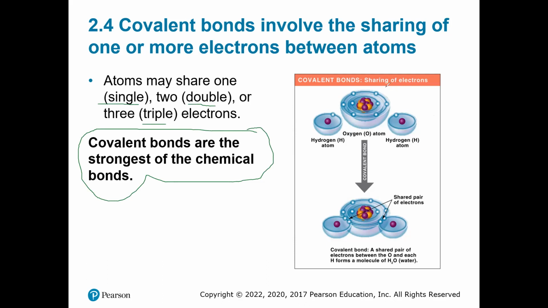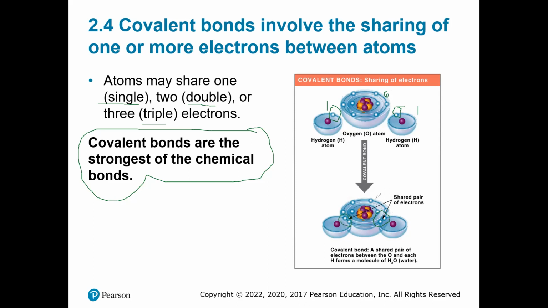So if we look here, oxygen has, which they should have put on here how many they had, 1, 2, 3, 4, 5, 6, 7, 8. So it has 6 in this outer orbital, whereas hydrogen only has 1. So what will happen is hydrogen will share an electron with oxygen 2 times.